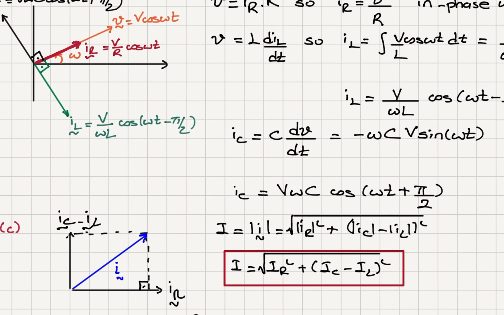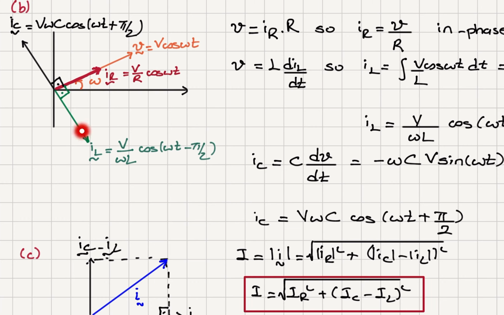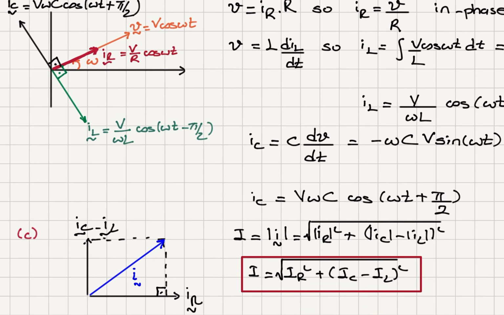Now, from this phasor diagram, you can see that adding up these phasors, we get the I_C minus I_L phasor pointing up and the I_R phasor pointing in the horizontal direction. This makes a 90 degree angle here. And adding these phasors as suggested by part A, we obtain the total current phasor.